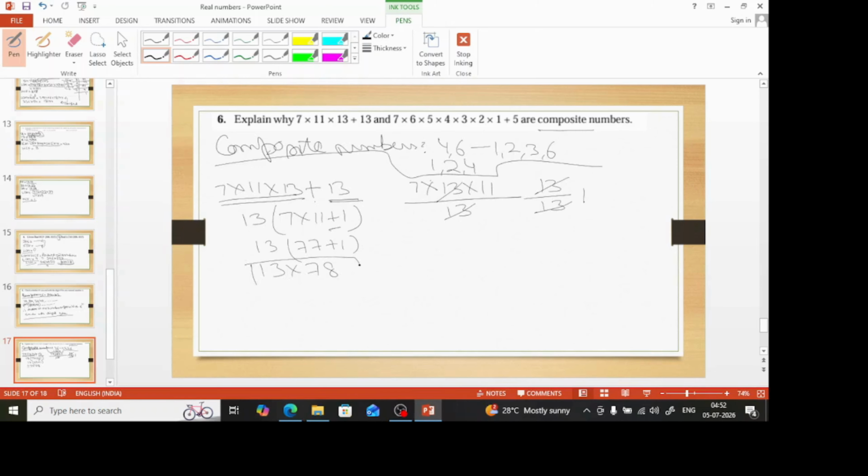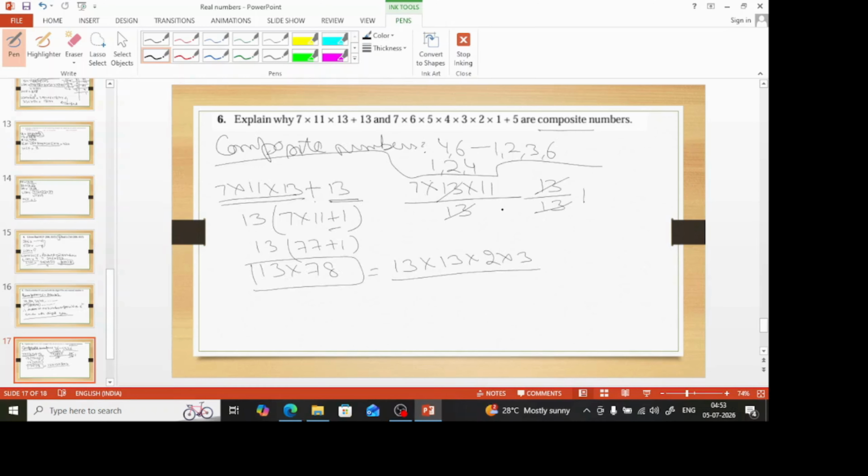So here we can see this is a number, 13 into 78. If we multiply 13 into 78, factors will come with 13. If we take the prime factorization of 78, it will be 13 into 2 into 3.